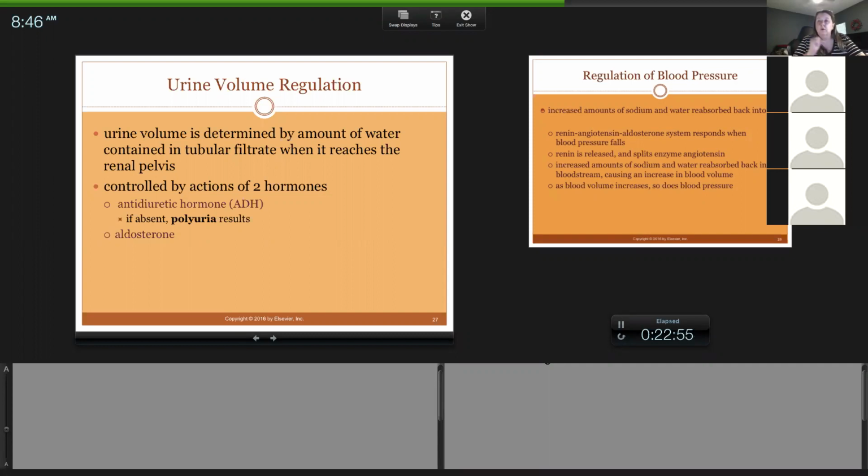Now, an owner sometimes notices the drinking first because they're like, oh my God, I just filled up my dog's bowl an hour ago. He already needs more water. What's going on? They also know they have to go out a lot, but polyuria and polydipsia go together. In this condition, if they're deficient, the polyuria comes first, and that's driving the polydipsia.